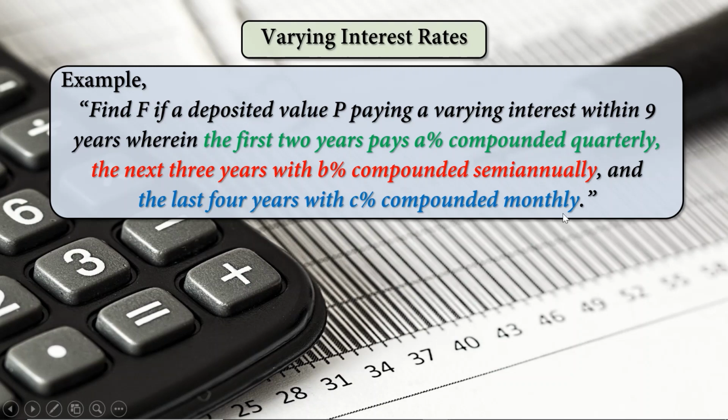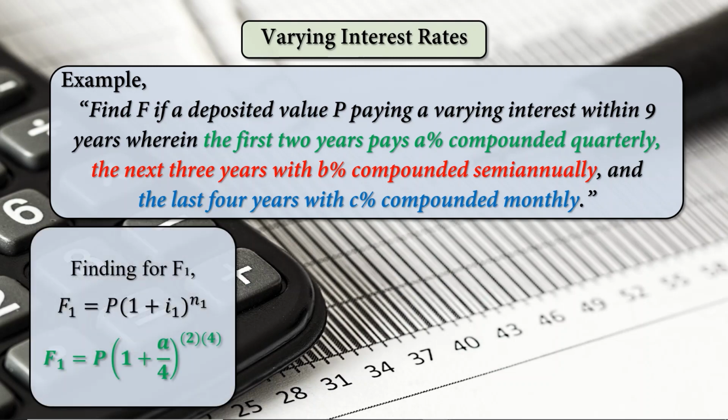So yung gagamitin natin na formula is the compound interest. For example, when I'm going to find for F, on the first scenario, the first 2 years pays 8% compounded quarterly. Kung kukunin ko yung F dito, that is the F1 or yung future worth on the first period.